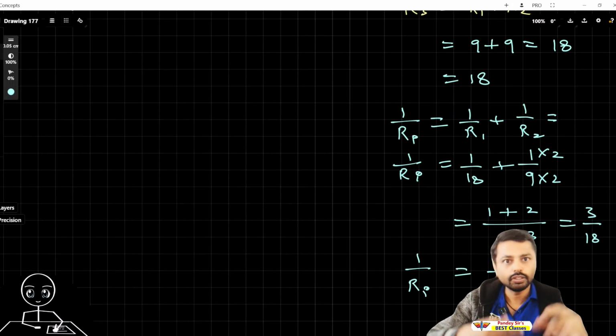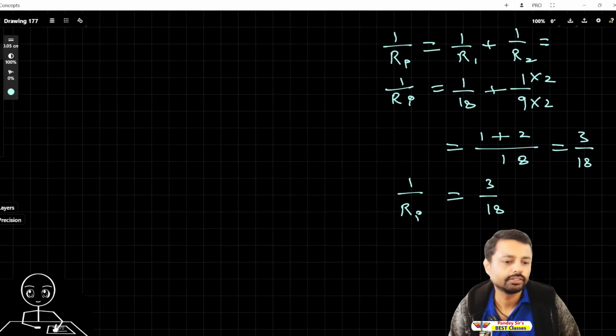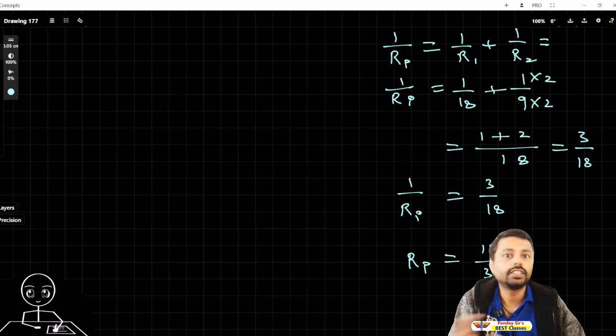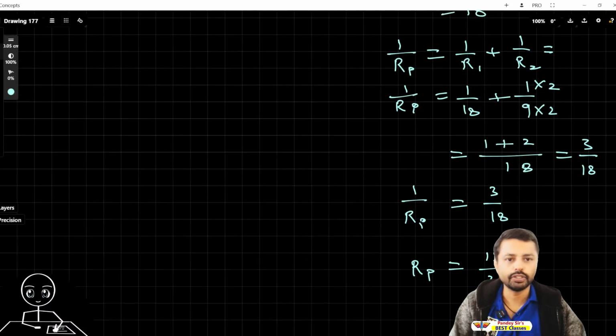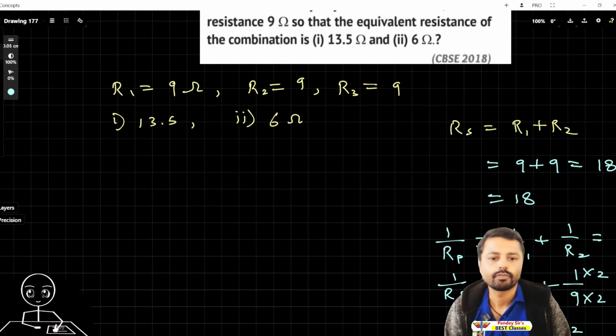Again, reciprocal. Okay, let's just flip it. So Rp equal to 18 by 3. Okay, now let's check whether it becomes 13.5. So 18 by 3, and 3 6s are 18, not 15.